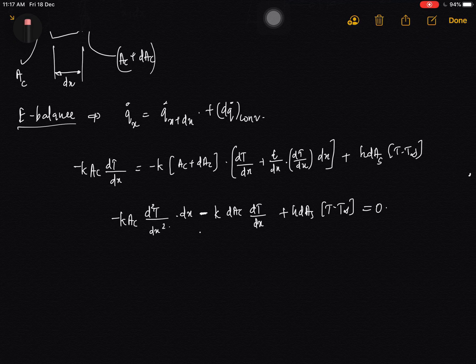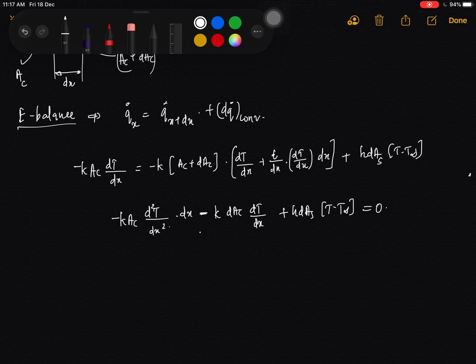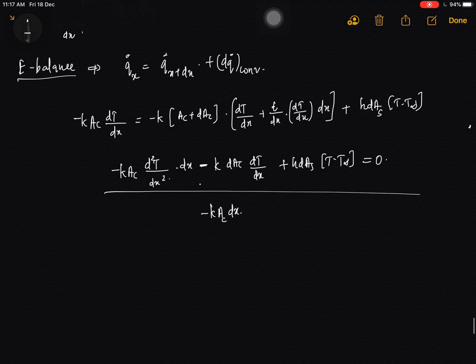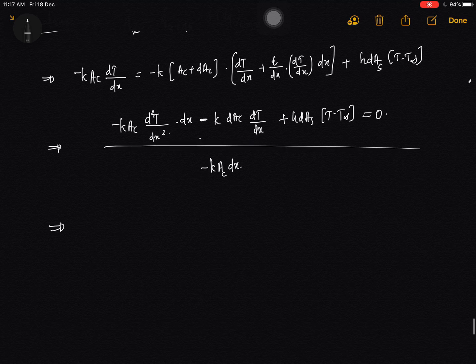So this is the simplified equation neglecting all the higher order terms. Let's divide the entire equation by minus k Ac into dx.